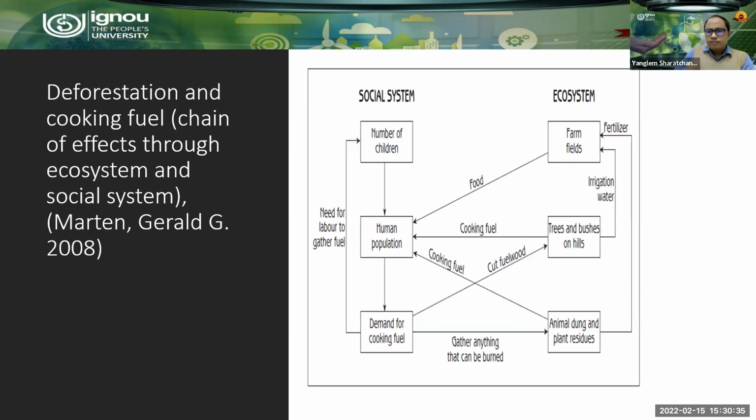Then, with the increase of human population, there is a chain of impact. When we depend on firewood for our cooking and for other different purposes, the human population has a direct impact on that. With the increase of population, the demand for cooking fuel increases, right? That has a direct impact on the ecosystem.